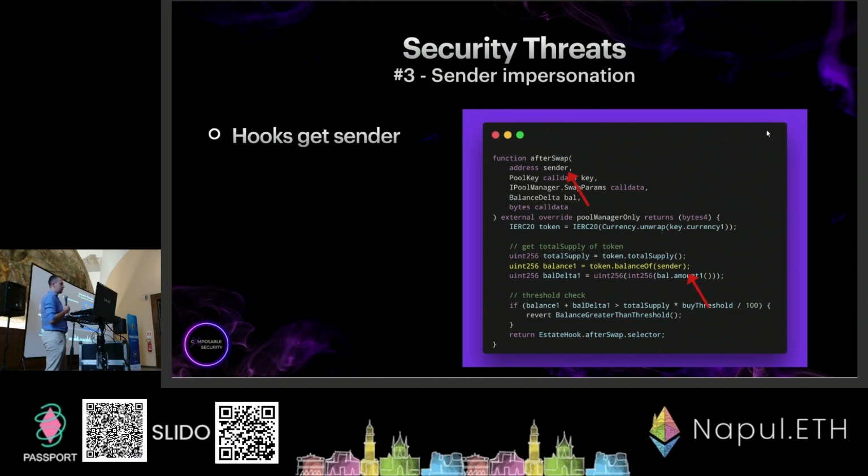So there is this after swap hook function that gets sender parameter. And what they do here, they check whether the balance of this sender after the swap is over the threshold. If it is, they revert, because they don't want that, right?